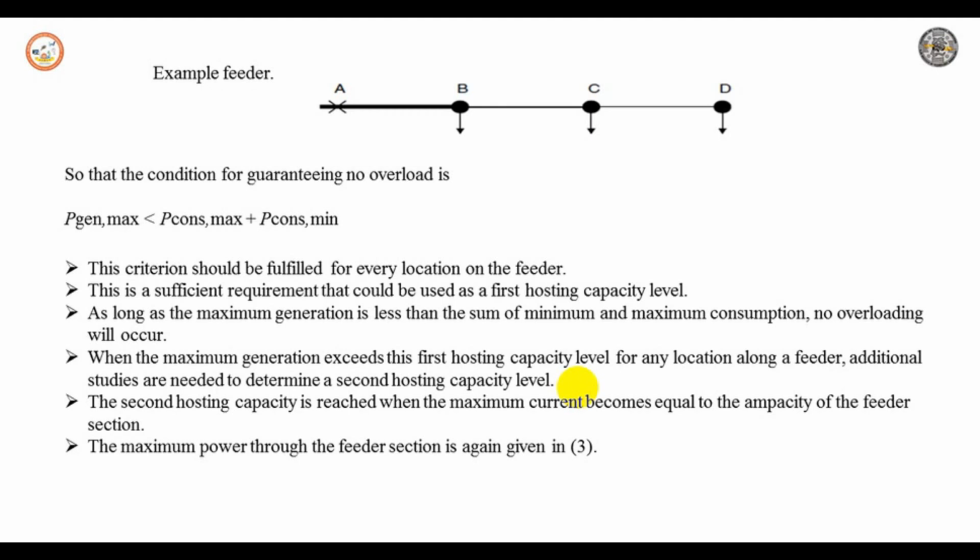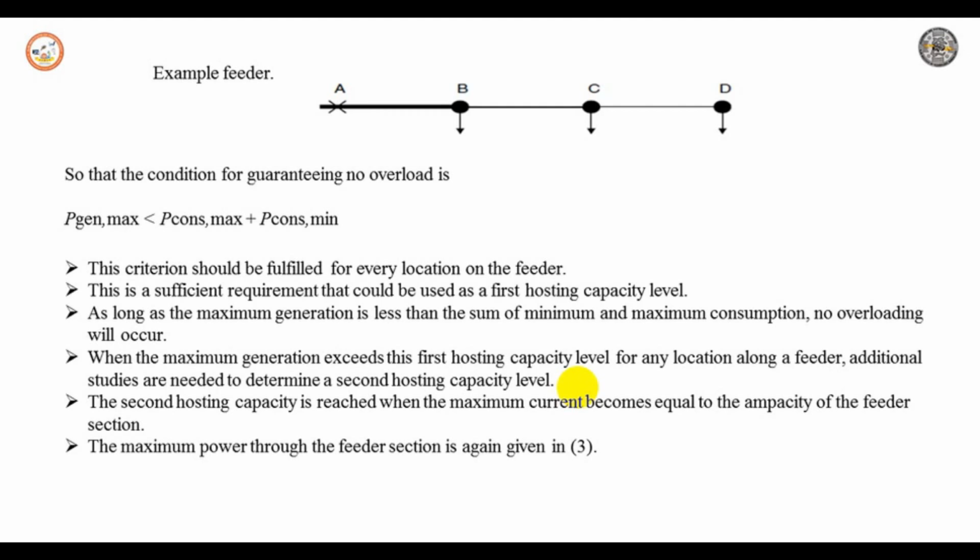As long as the maximum generation is less than the sum of minimum and maximum consumption, there is no chance of overload occurring. So whenever the maximum generation exceeds the first hosting capacity for the location along the feeder, additional studies are needed to determine the second hosting capacity.